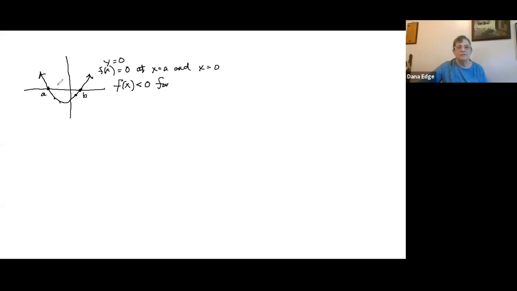For every x from here to here, the y values are negative. So the y values are less than 0, negative, for A is less than x is less than B. For the x values between A and B, which we could also write as interval notation from A to B. This is the interval notation, not a point.